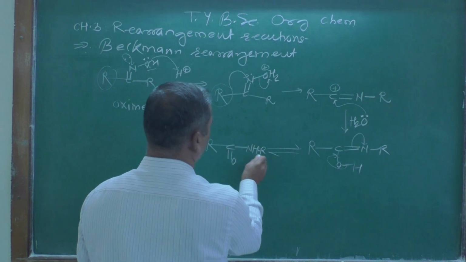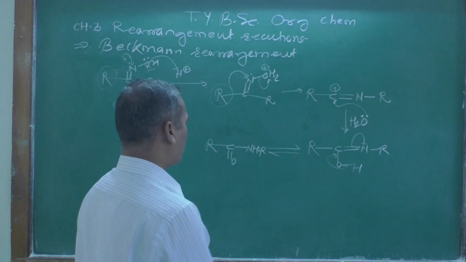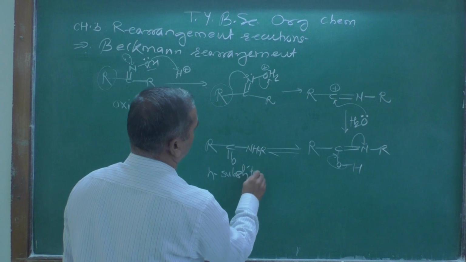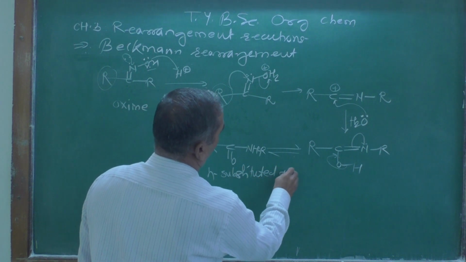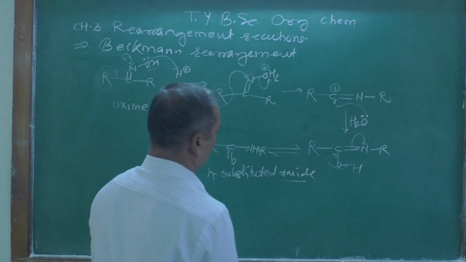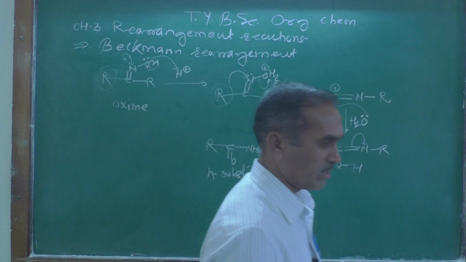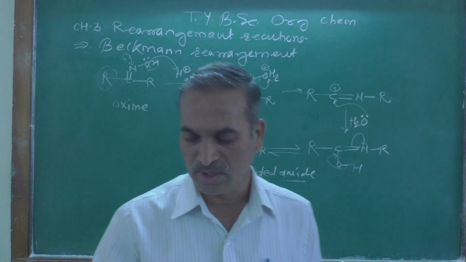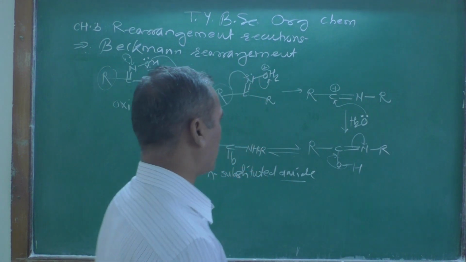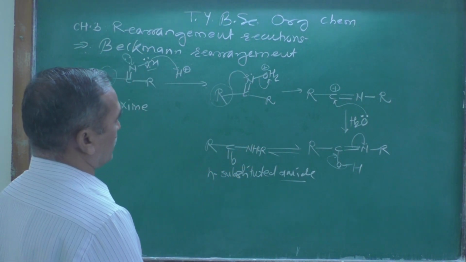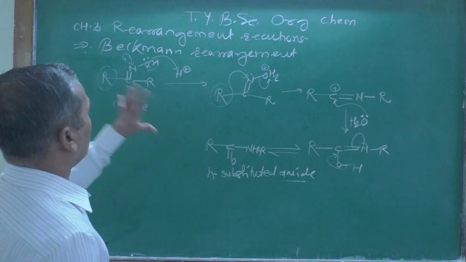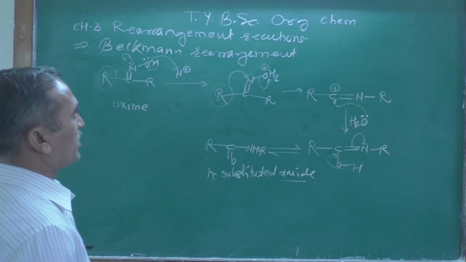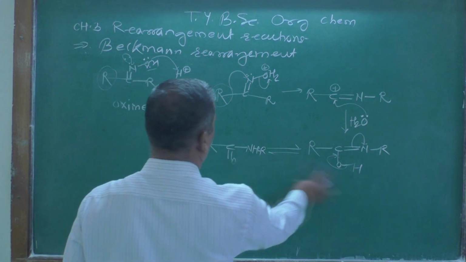So this is an N-substituted amide. Amide we know, and the general formula of an amide is RC double bond O NH2. That is generally for the primary amide we are talking about. So this is the general mechanism of what we call the Beckmann rearrangement reaction.